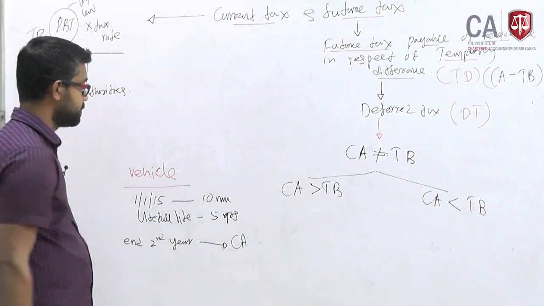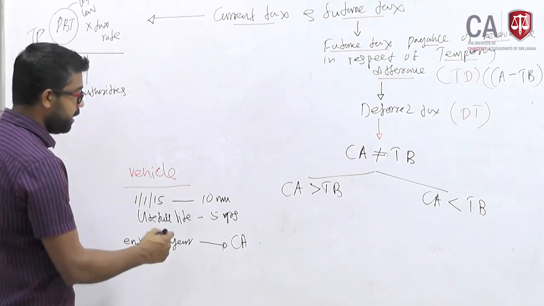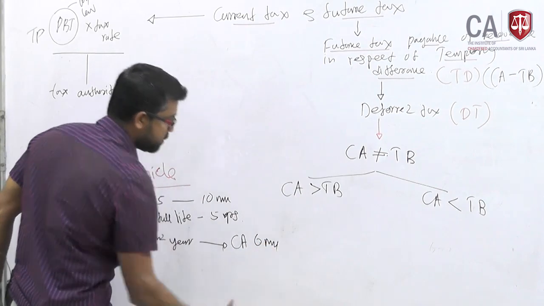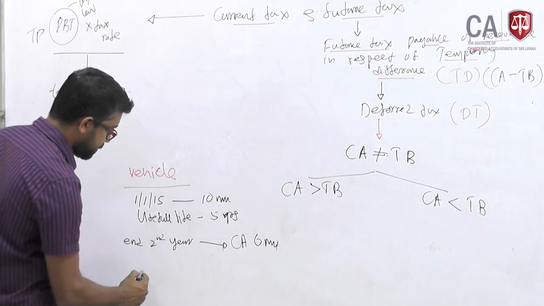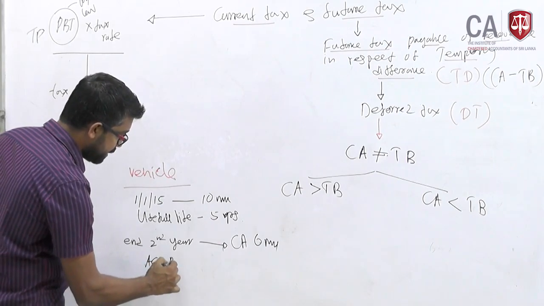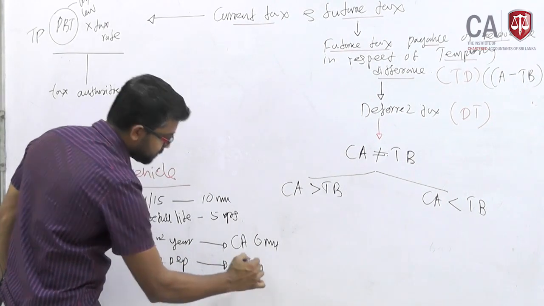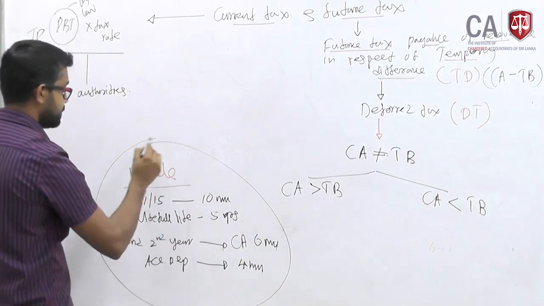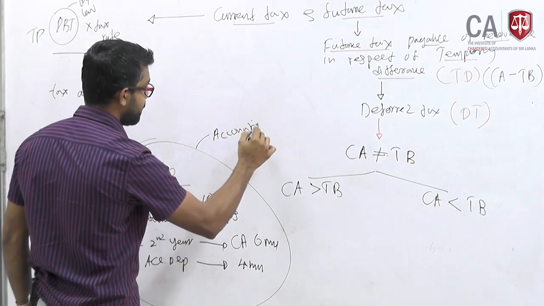At the end of the second year, already 4 million you have depreciated, and 6 million is the carrying amount. That you can figure out easily. 4 million you already have charged to depreciation. Accumulated depreciation is 4 million. This is your accounting carrying amount.